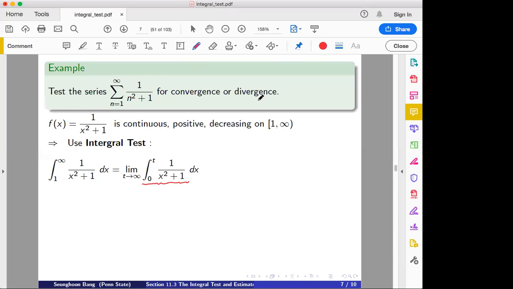Do you know the answer? Arctangent, right? Yes, this is the definition: the inverse tangent of x, from 1 to t, take the limit. Next, plug in t and 1: the inverse tangent of t minus the inverse tangent of 1.